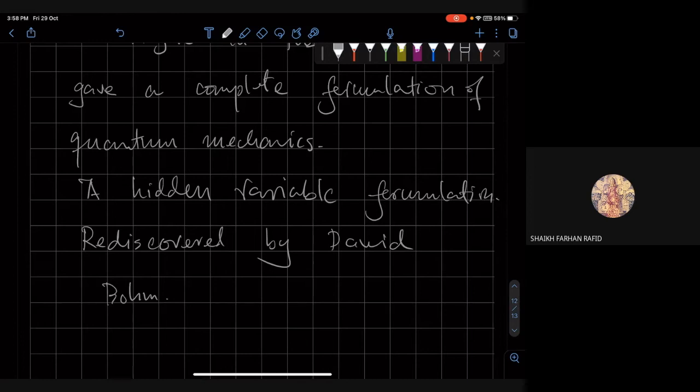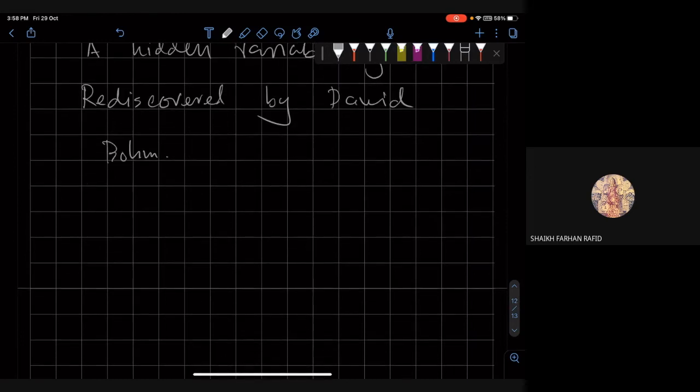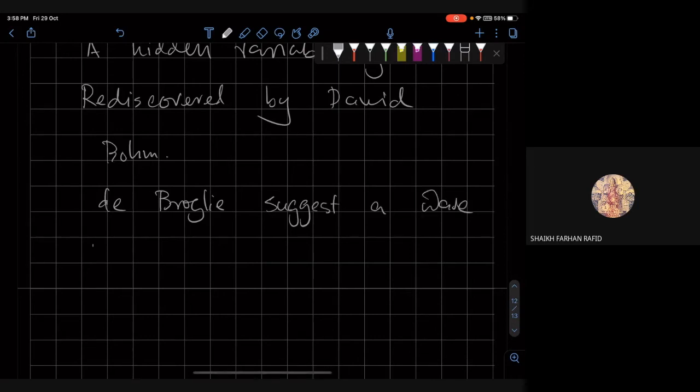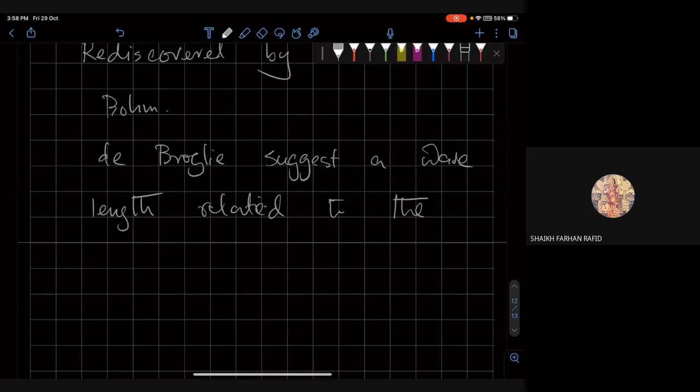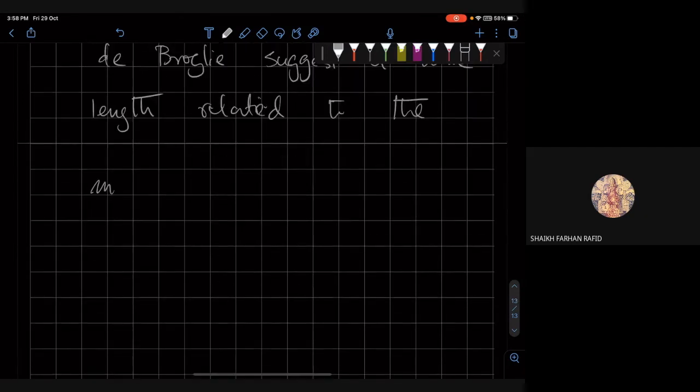However, what was not forgotten was that de Broglie suggested a wavelength, related to, you've guessed it, the momentum of the particle.